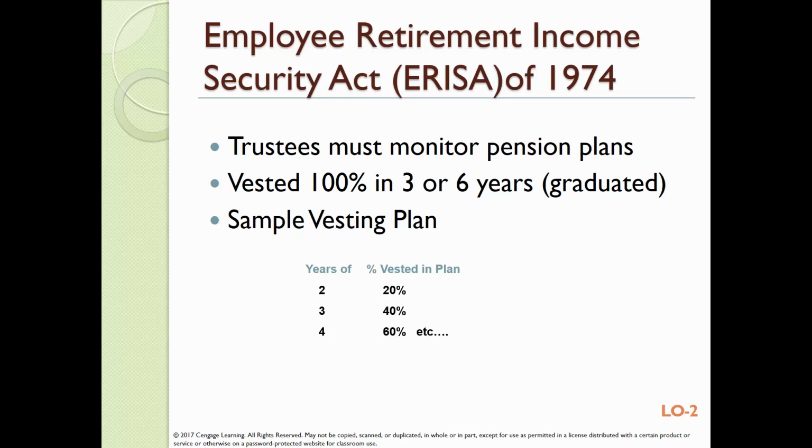Secondly, you have to be vested. You have to start vesting in 3 years, and you have to be fully vested in 6. Does anyone know what vesting means? If they match, you have to be able to take the money with you.